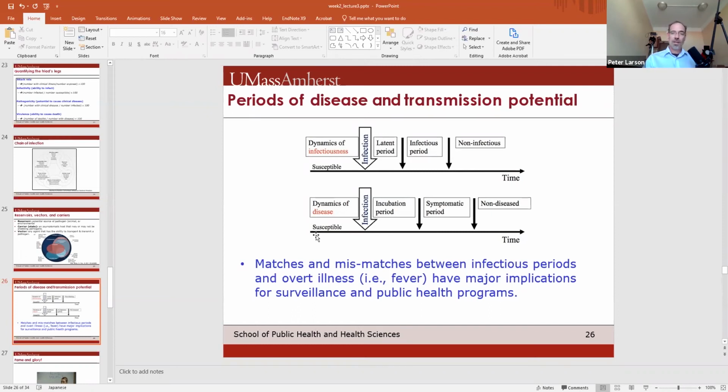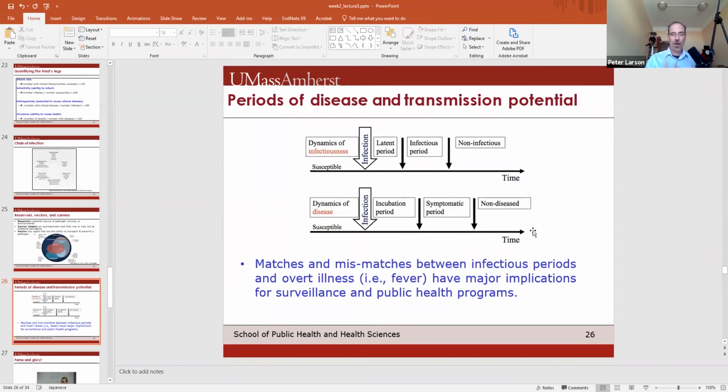Similarly, a person starts out susceptible, becomes infected, and then you have an incubation period where the pathogen is incubating and preparing to replicate, or potentially is replicating at this point. Then the symptomatic period, the person recovers and they're no longer diseased.